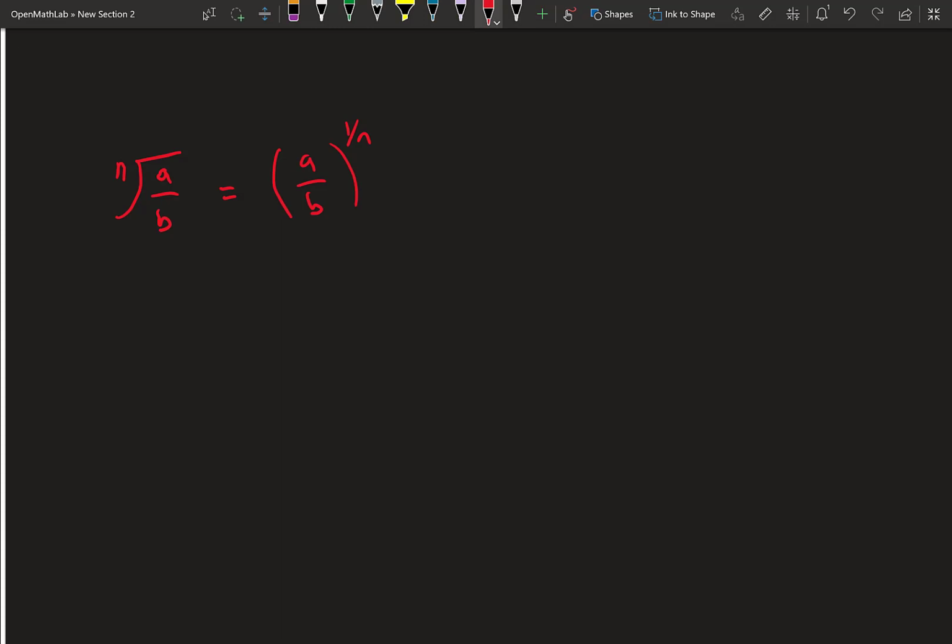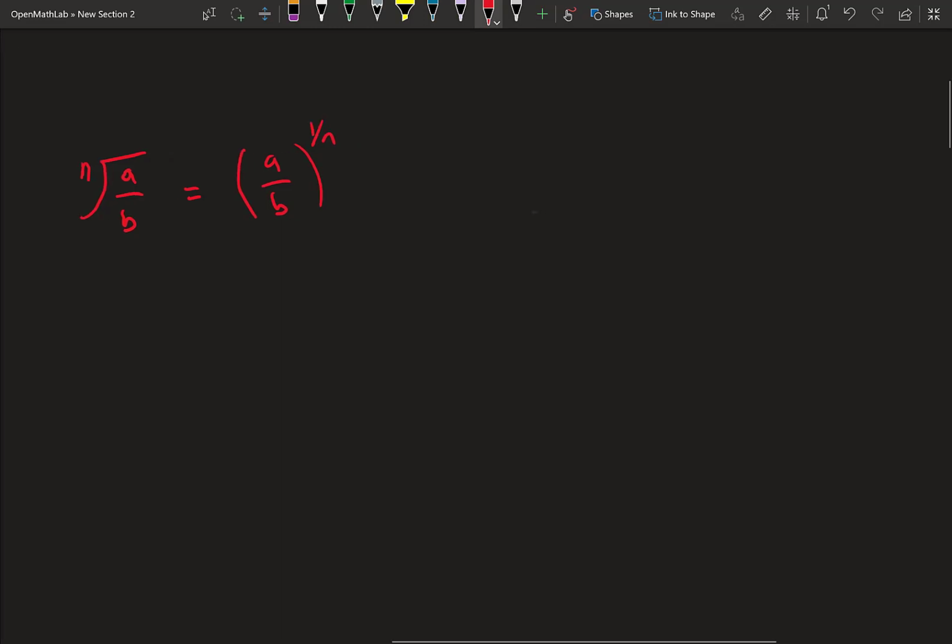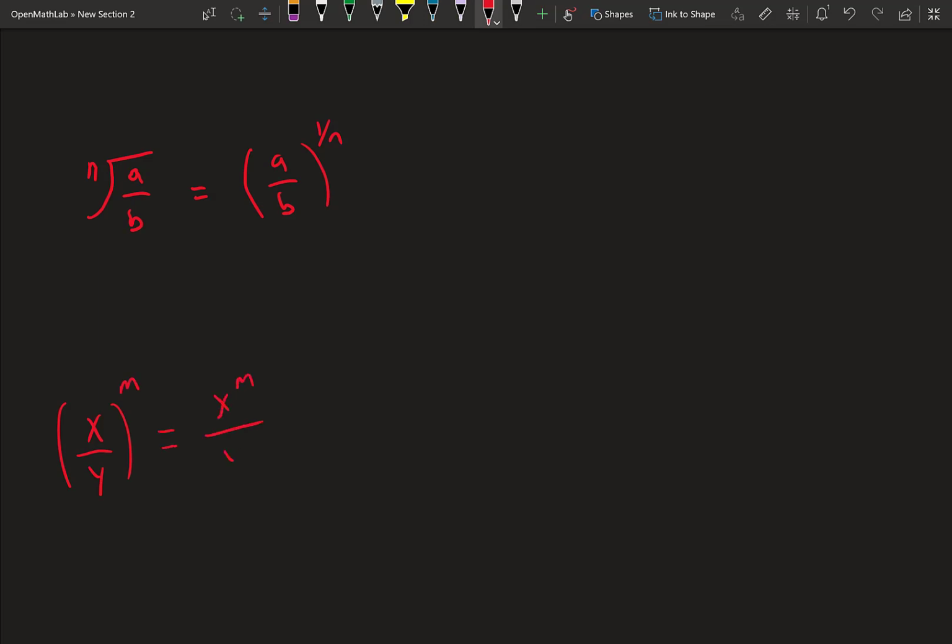And then we have an exponent rule: if I have x over y all raised to the mth power, this equals x to the m divided by y to the m. This is the exponent rule of a quotient.